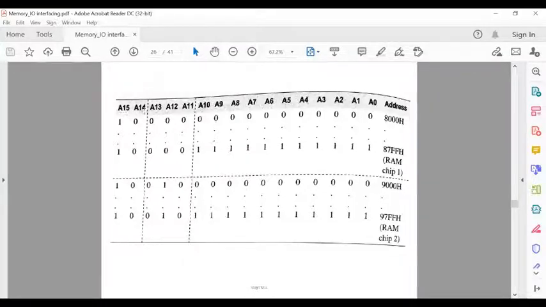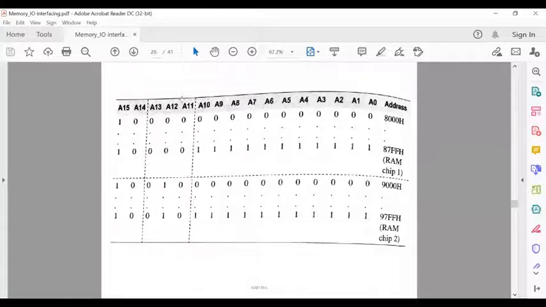But here you need to remember one thing: you must choose such address lines where the variation comes. Means one combination is used to enable the RAM 1 IC, another combination will be available for RAM 2 IC.